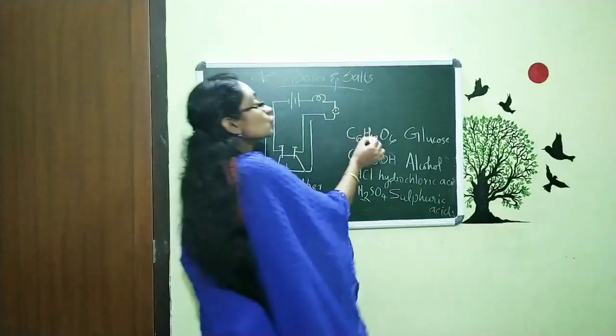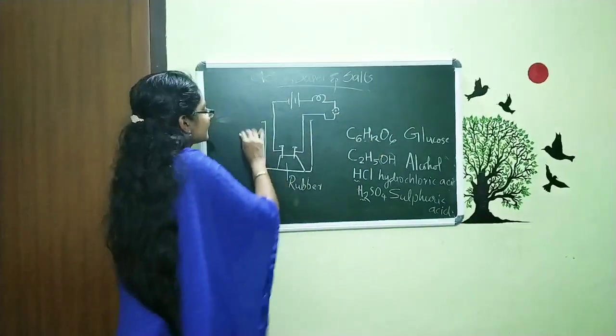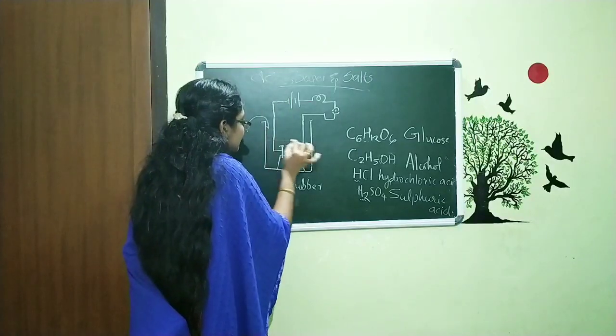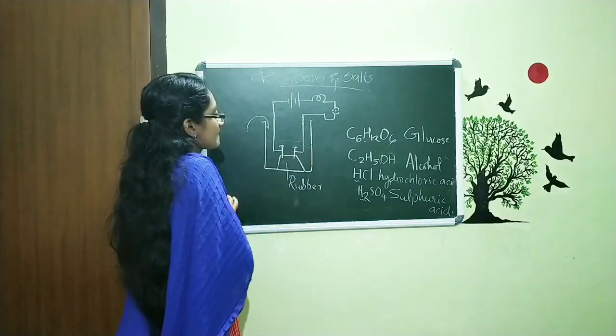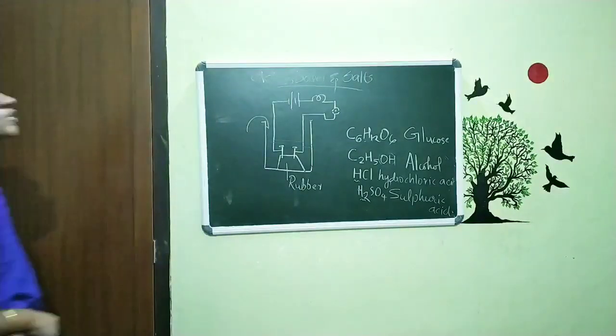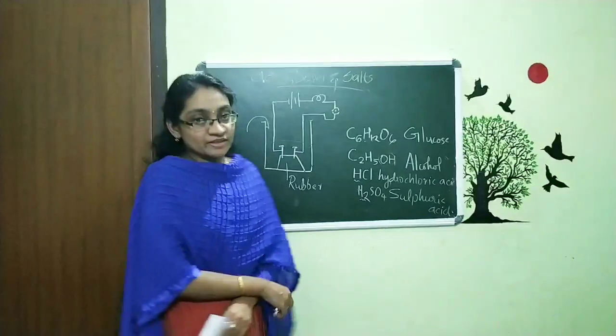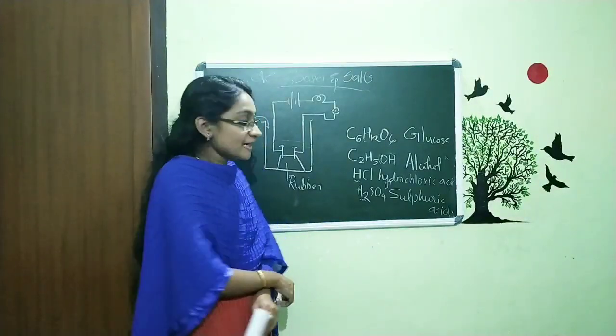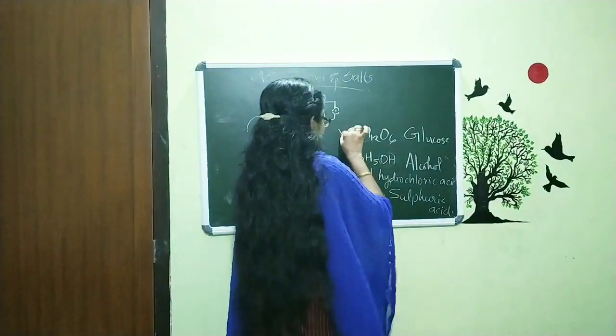So, selecting glucose, I am taking this glucose into this beaker and filling it. Now we observe whether the bulb is glowing. In the case of glucose, the bulb is not glowing.